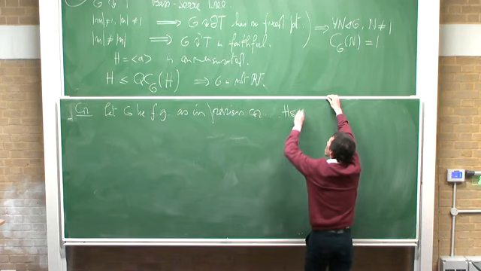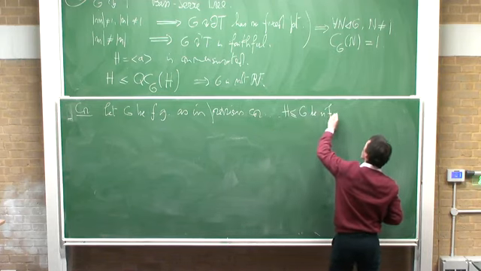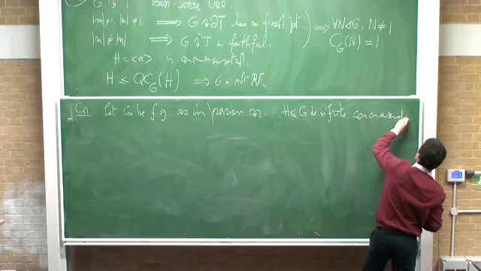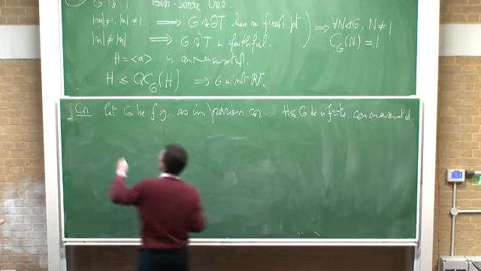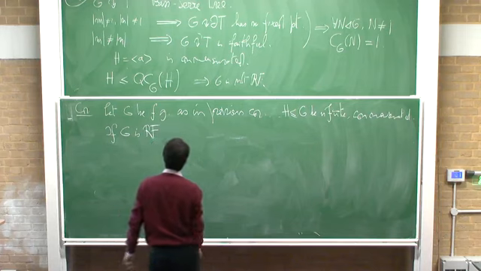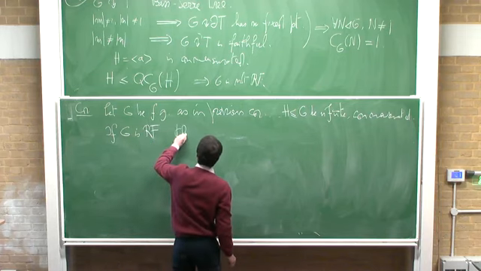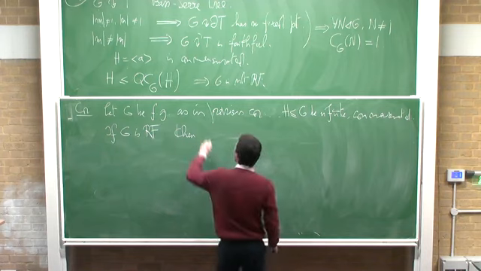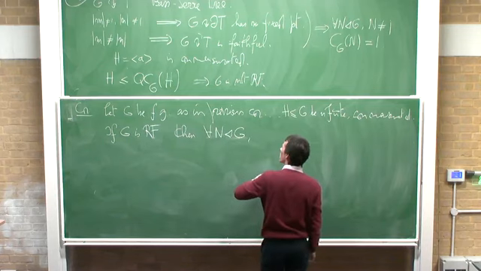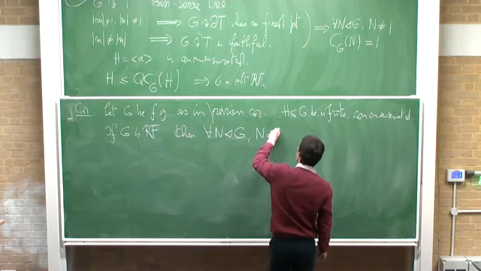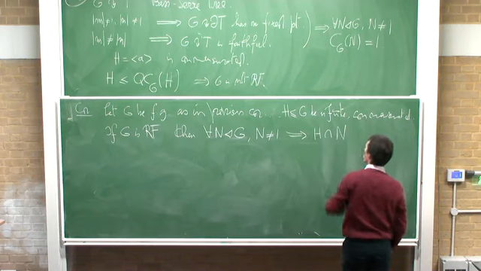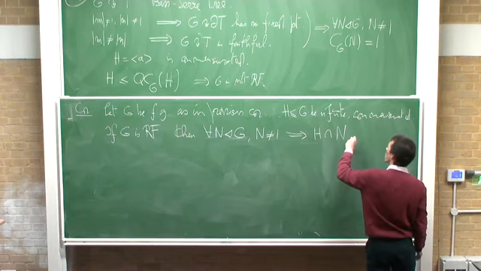And let H in G be infinite and commensurated. If G is residually finite, then for every non-trivial normal subgroup N of G, the intersection of H with N is infinite.